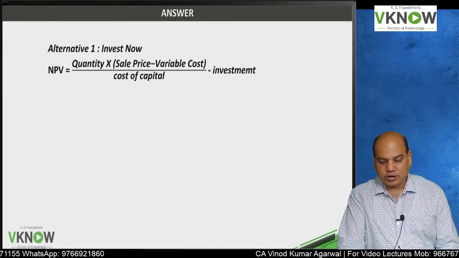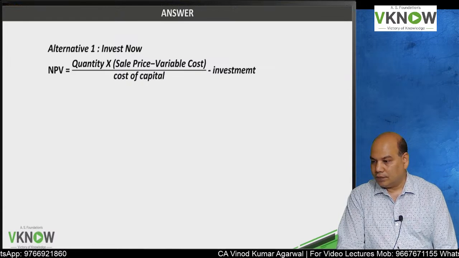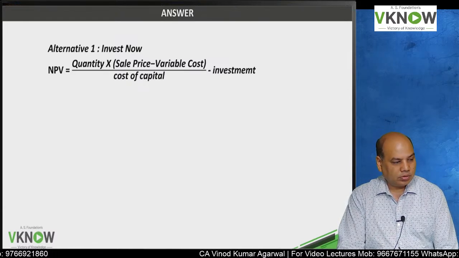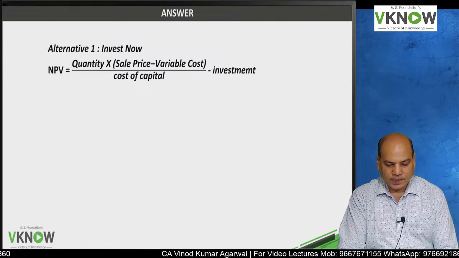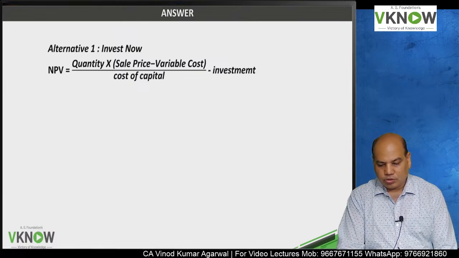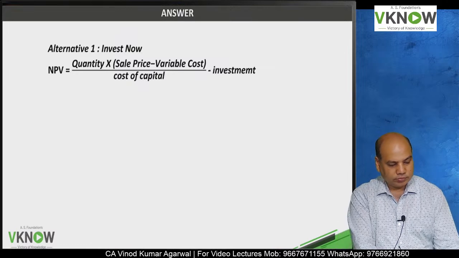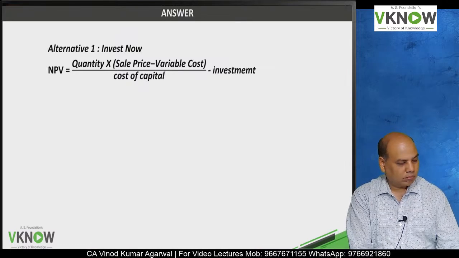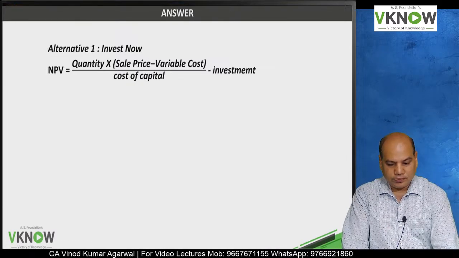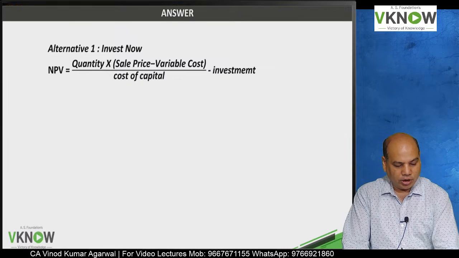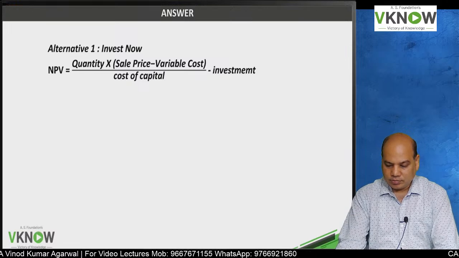Alternative 1, write down invest now. If you invest now, NPV is equal to quantity into sale price minus variable cost, that will give you annual contribution, divided by cost of capital.